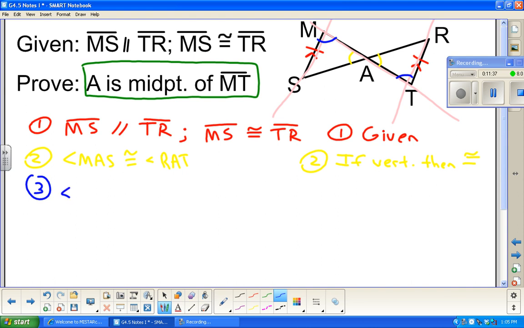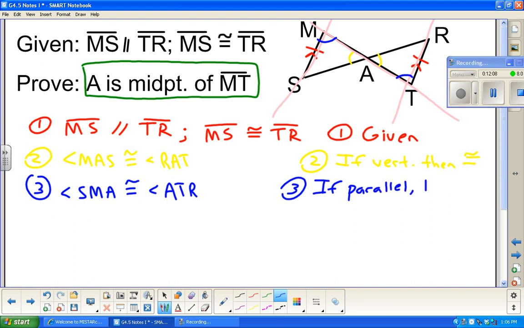And we can name it SMA for that top one. Okay, that has to be congruent to ATR. Okay, and reason on that: if parallel, then alternate interiors are congruent, something like that, right?